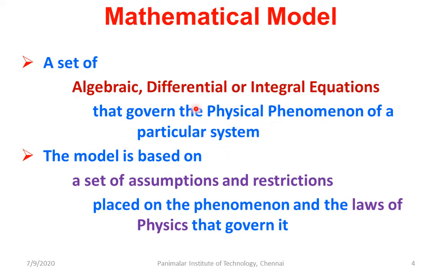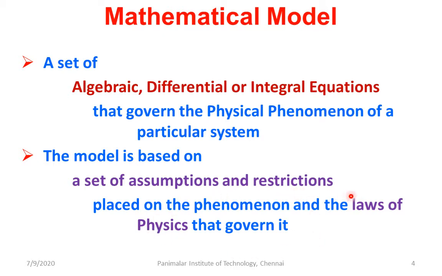When we convert a physical phenomenon into mathematical equations, we have to use a certain set of assumptions, laws and theorems, based on the laws of physics. When we use assumptions, we allow some errors in that mathematical model.